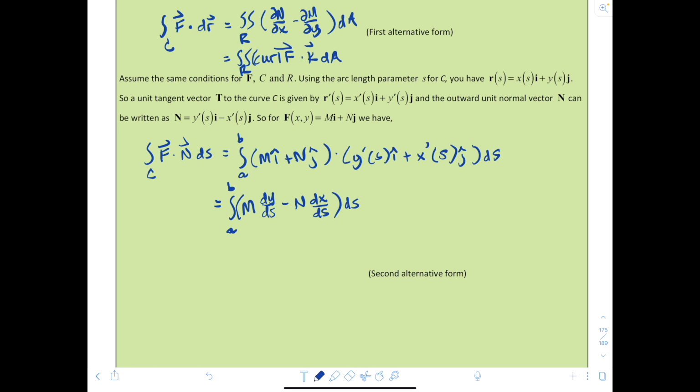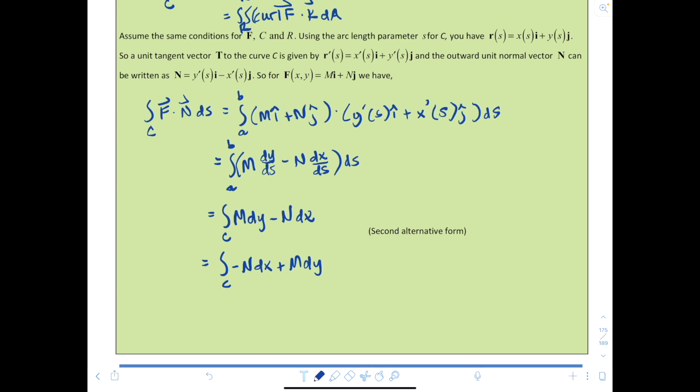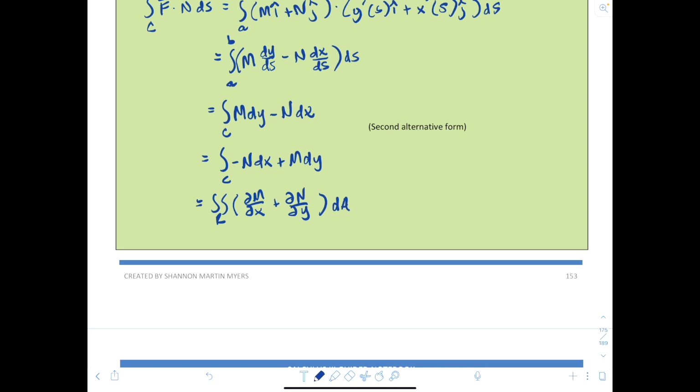Well, that in turn will be equivalent to the line integral of M dy minus N dx, which is equivalent, if you just swap them out, to negative N dx plus M dy, which is equivalent to the double integral over the region of the first partial of M with respect to x, plus the first partial of N with respect to y, dA, which is what?